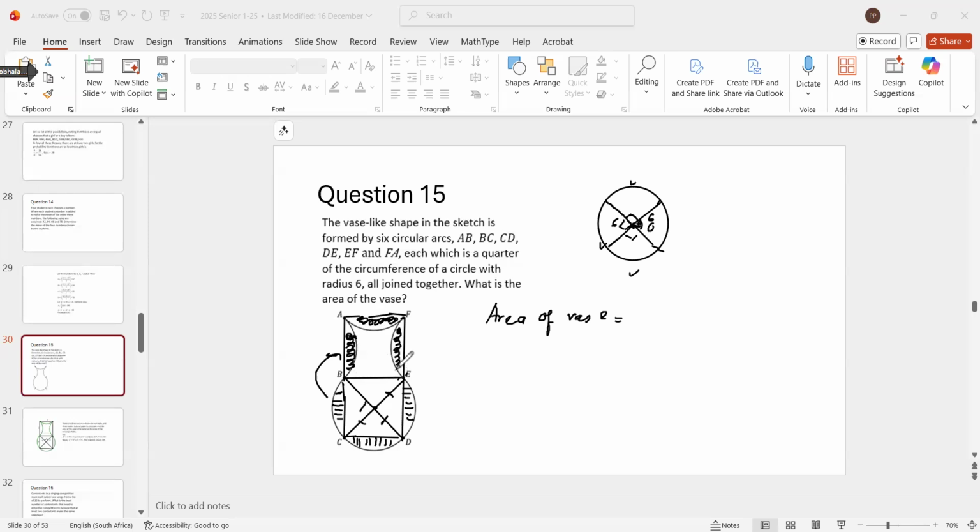So you'll see that the square has got the horizontal lines and the other one has got the vertical lines. So the area of the vase is actually equal to the area of the rectangle AFDC.